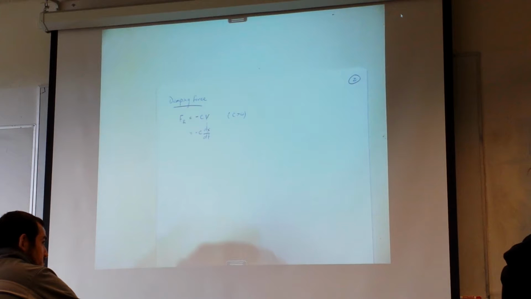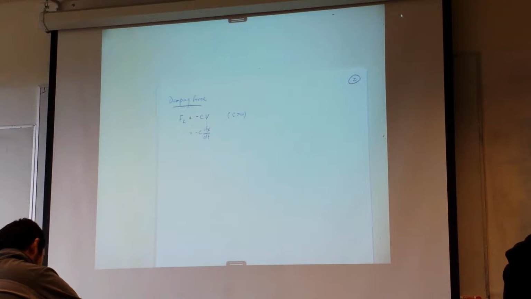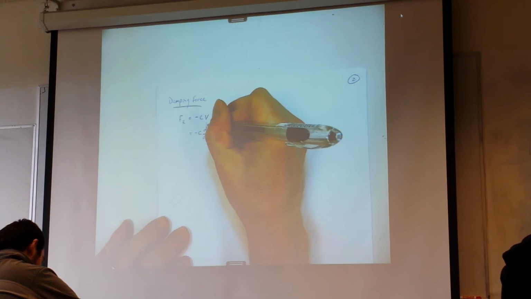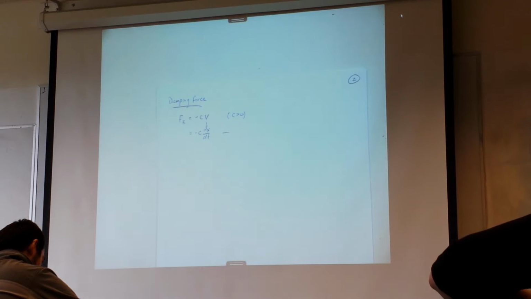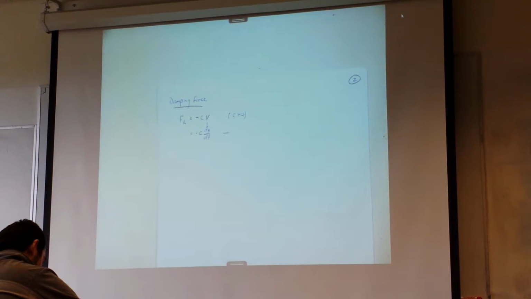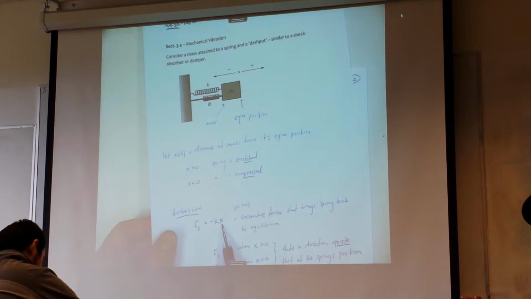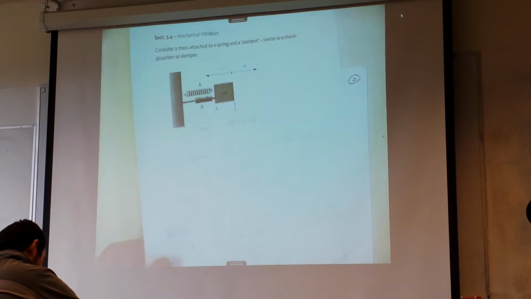So when the spring is moving to the left, the restorative force of the spring is pushing it to the right, as well as the little piston or whatever it is in the dash pot. Okay. So one's a velocity and one's a position. K is a constant, but x is position. Well, K is multiplying the position, and C is multiplying the velocity.